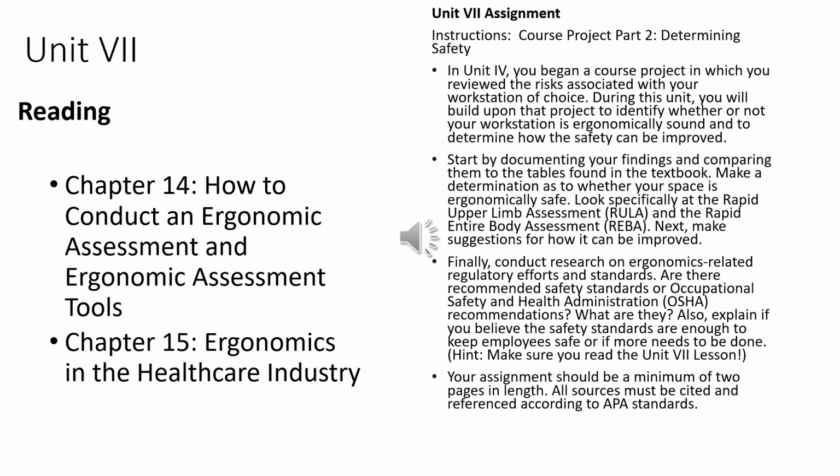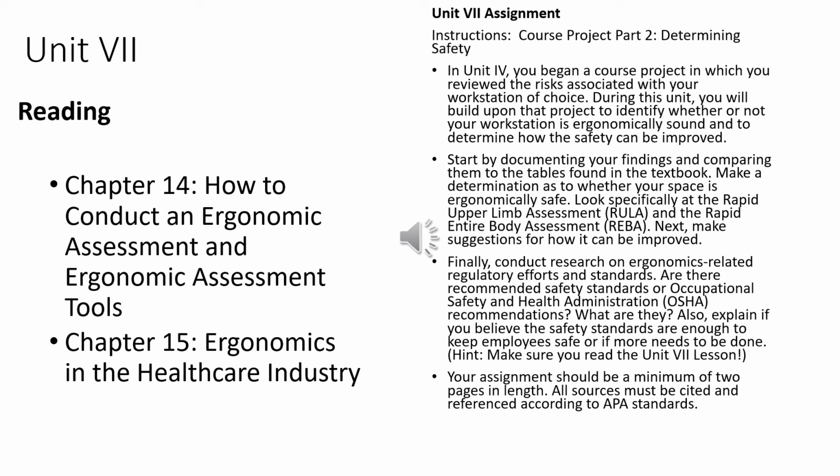Start by documenting your findings, comparing them to the tables found in your textbook. Make a determination as to whether your space is ergonomically safe. Specifically, look at the Rapid Upper Limb Assessment, the RULA, and the Rapid Entire Body Assessment, the REBA. Next, make suggestions on how it can be improved. Finally, conduct research on ergonomics-related regulatory efforts and standards.